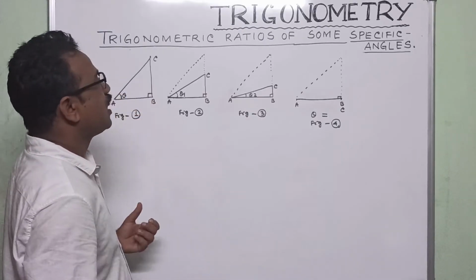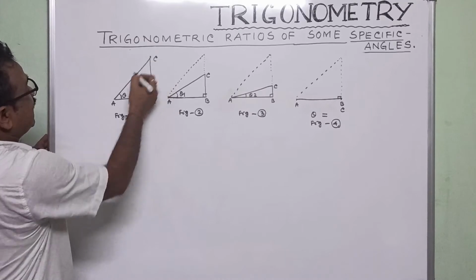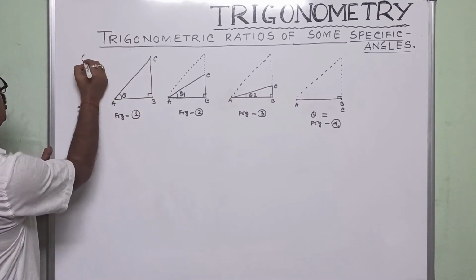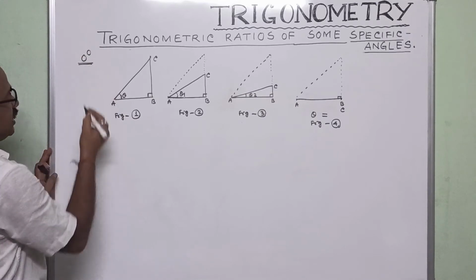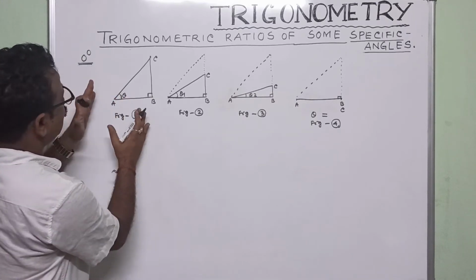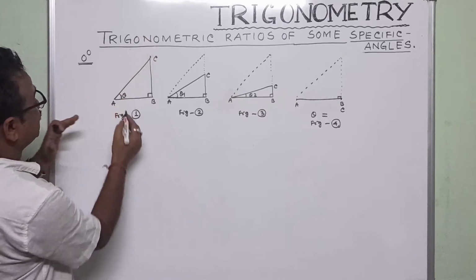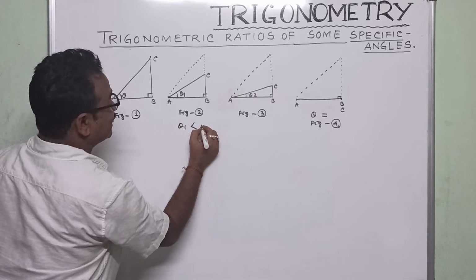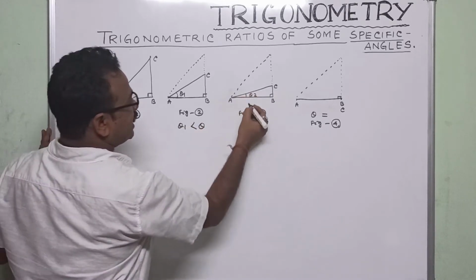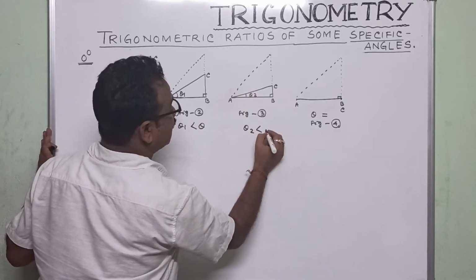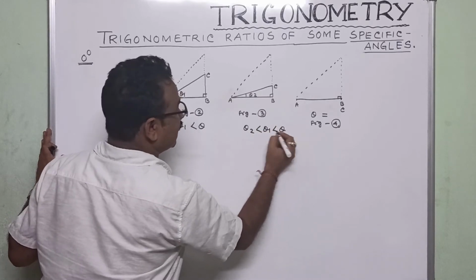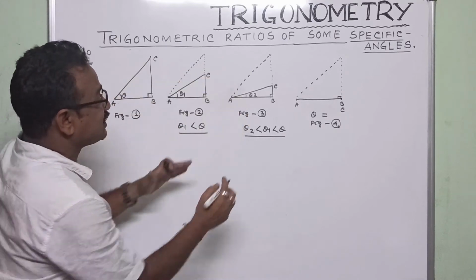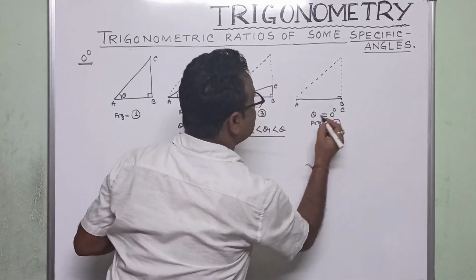So now see, here is the triangle ABC, right angle at B. So we are going to find out 0 degree first. Now when the angle decreases, theta 1 is less than theta, again theta 2 is less than theta 1 is less than theta, the angle is continuously decreasing, until theta becomes 0 degree.